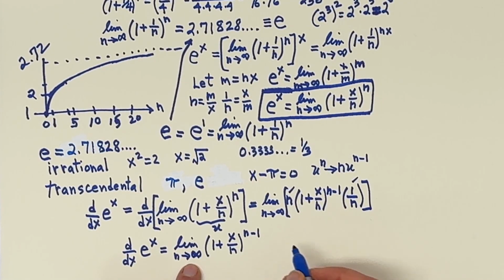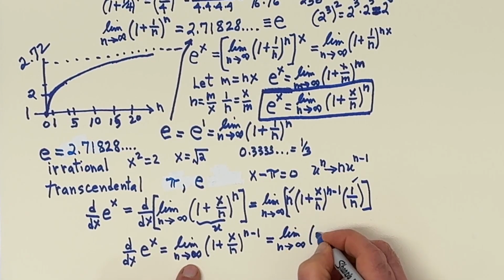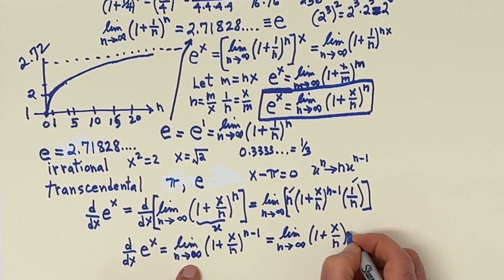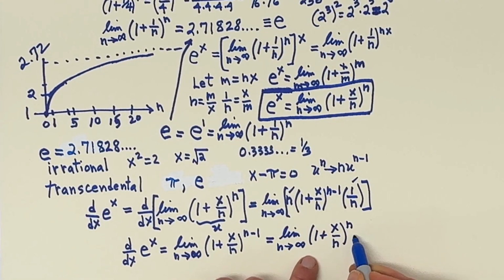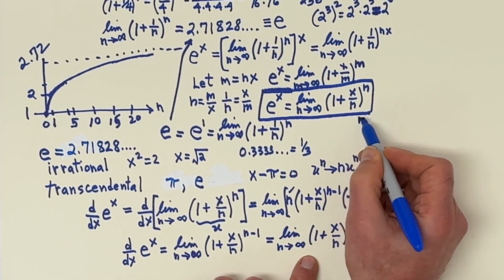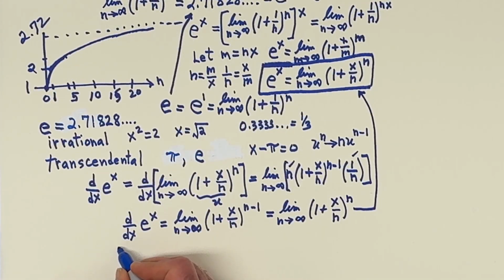So therefore, this is the same as the limit as n goes to infinity of (1 plus x over n) to the nth power. But wait a minute. It's the same thing. So in other words, the derivative of e to the x is e to the x.